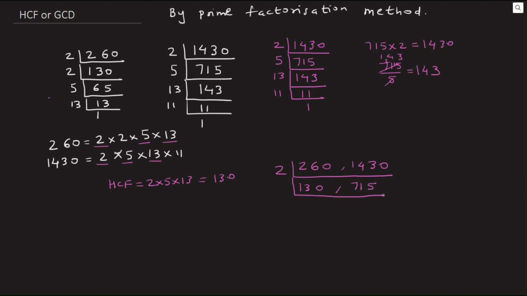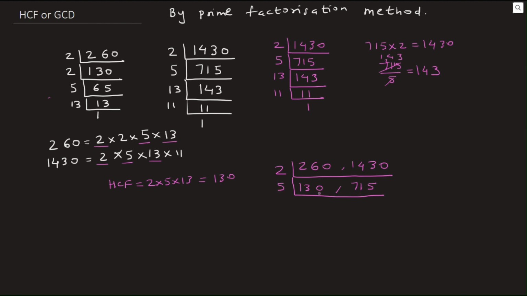Then again choose a prime number which divides both without a remainder, and it is not 2 this time, because 715 cannot be divided by 2. 130 can, but we cannot choose 2 since it doesn't divide both the numbers. So the next prime number is 5.